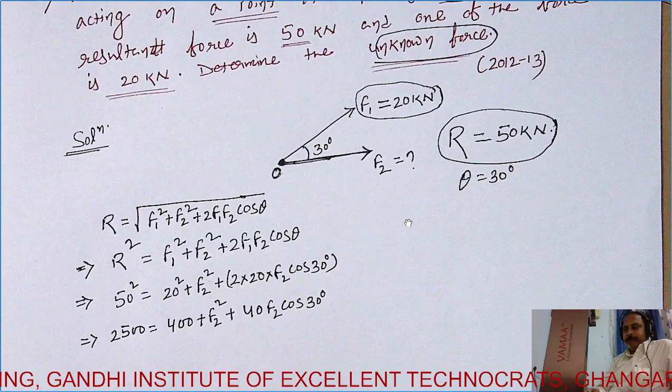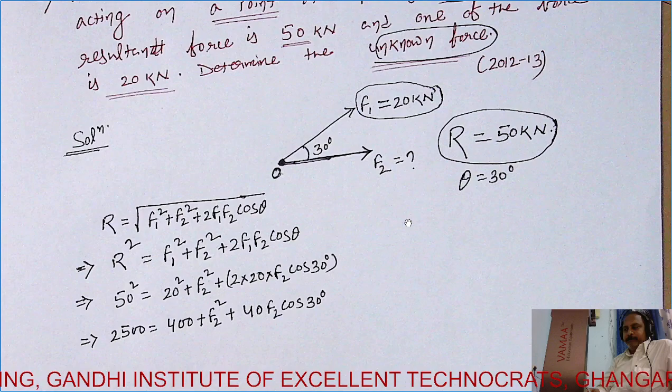Here you can see 40 multiplied by cos 30 gives 34.64. So we have 2500 equals 400 plus F2 square plus 34.64 F2.